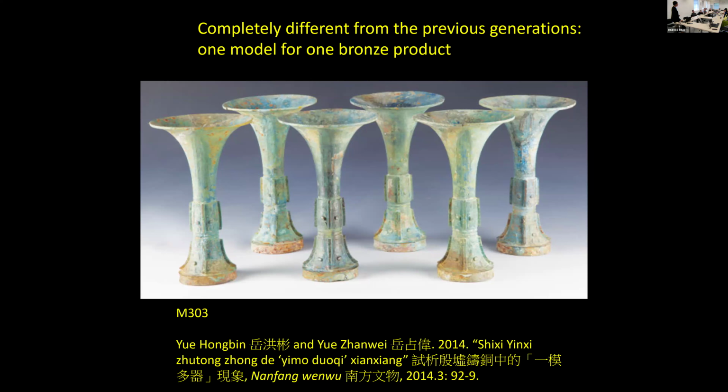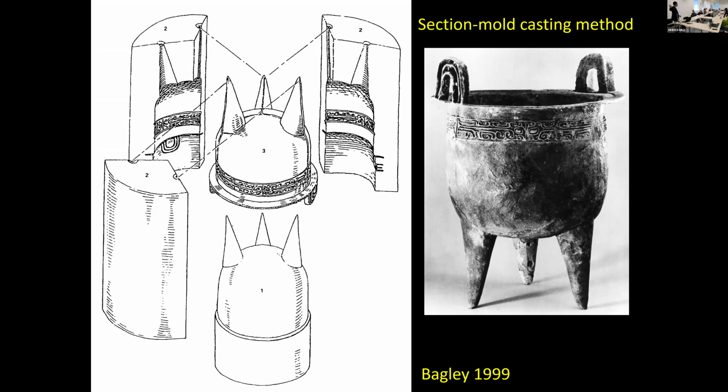Wow, that's interesting. Why didn't they use one model to replicate? Well, then we touch upon the section mold casting method. This is a well-known concept in ancient Chinese bronze studies. For example, to cast this bronze vessel, we produce a model made of clay, because the model looks exactly the same as the finished bronze vessel.